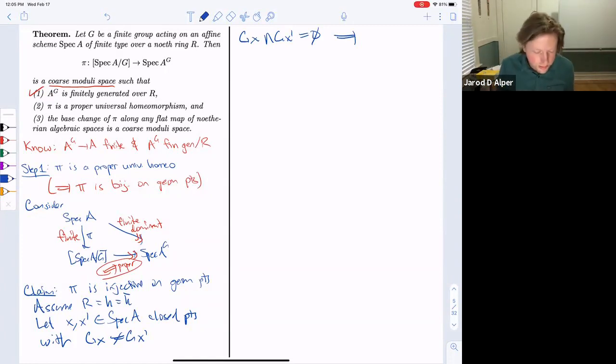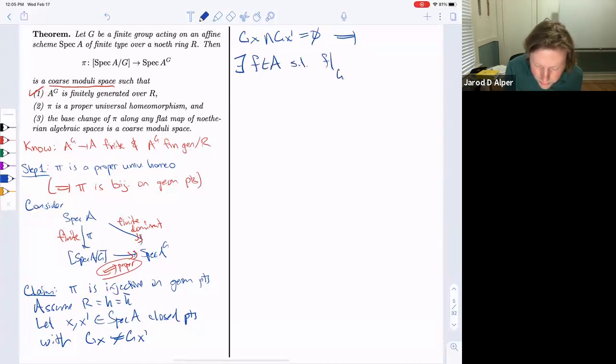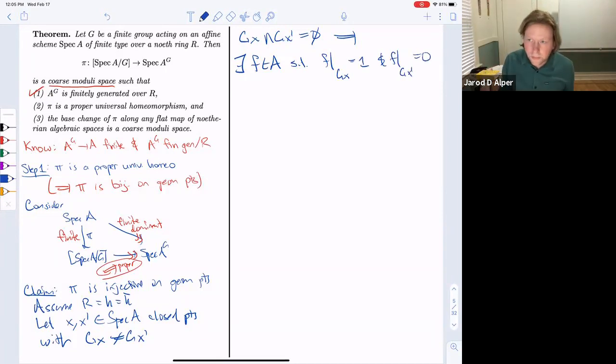And whenever you have two disjoint closed subschemes of an affine scheme, you can always find a function that is 0 on one and constant on the other. So there exists a function f in A such that f restricts to 1 on this orbit and 0 on the other orbit. And then we do the same trick we always do with finite groups: you average over the group elements to force it to be invariant.